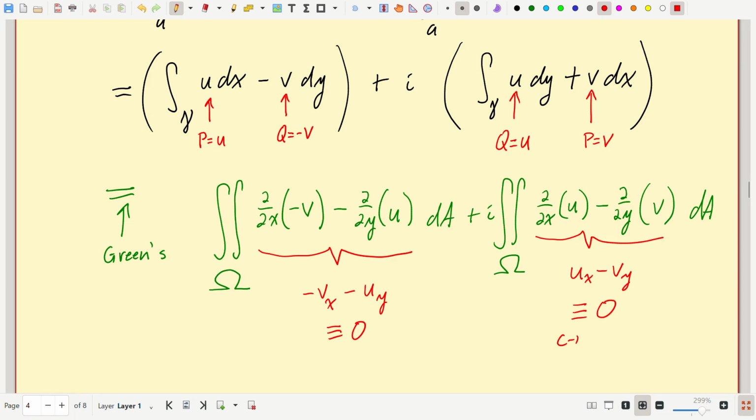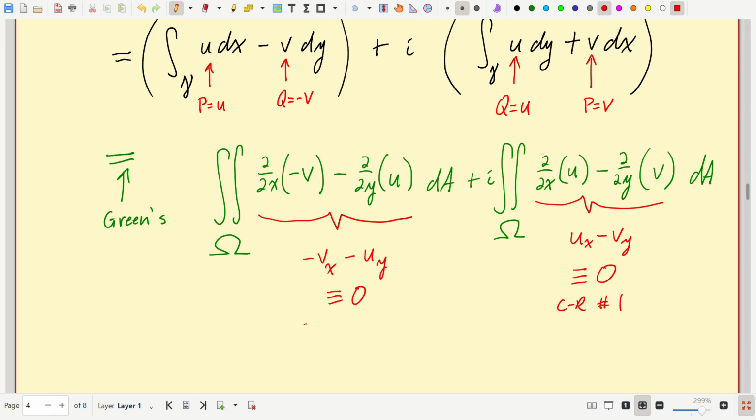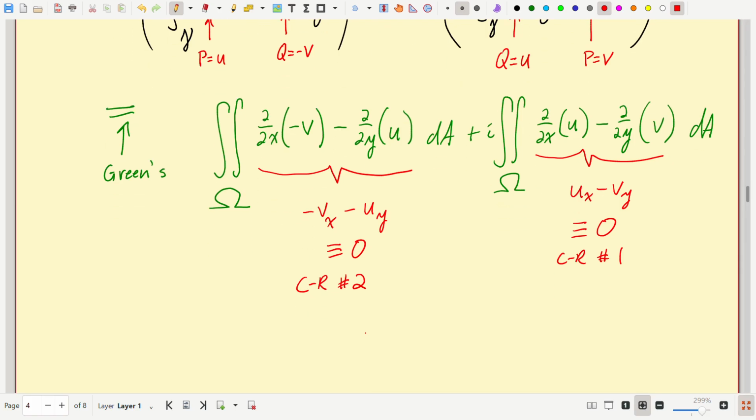This is Cauchy-Riemann equation number 1, and this is Cauchy-Riemann equation number 2. And so we get a big fat 0 here, and that's the Cauchy theorem. So it's just a write-down using Green's theorem and the definition of all these integrals and the symbols they mean. Questions about that? Okay, so that's the content of section 4.4b.